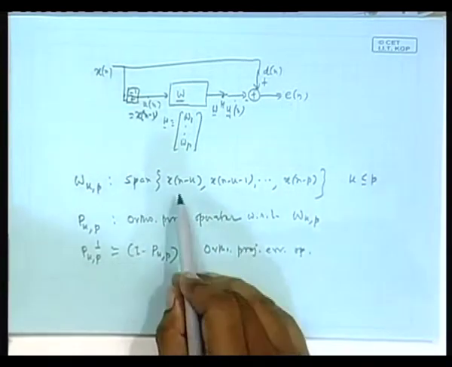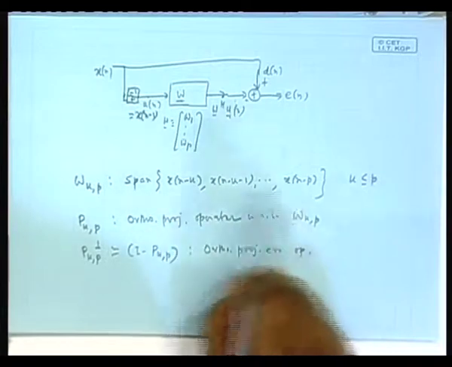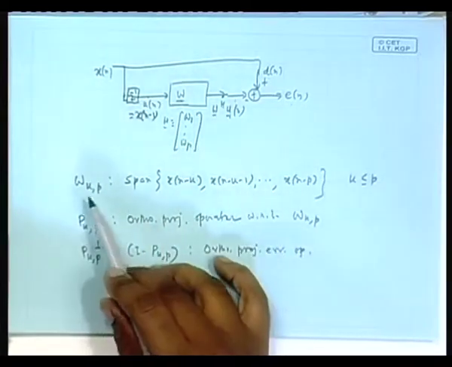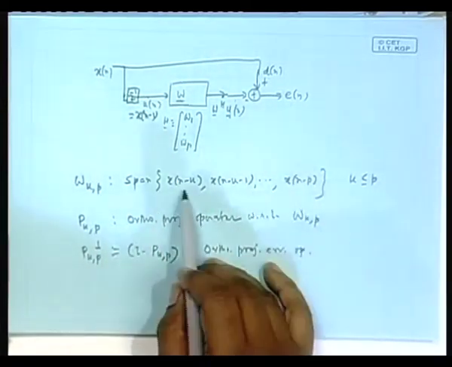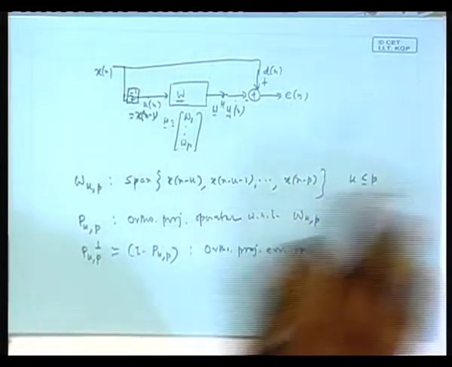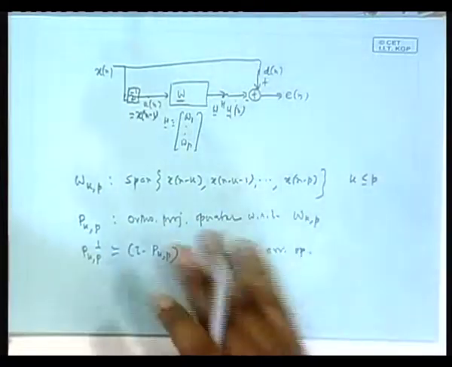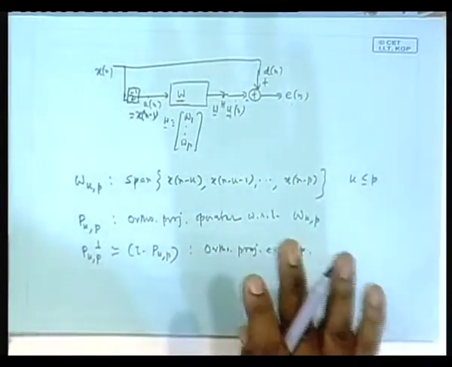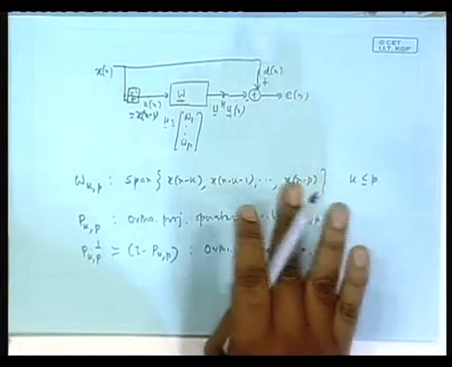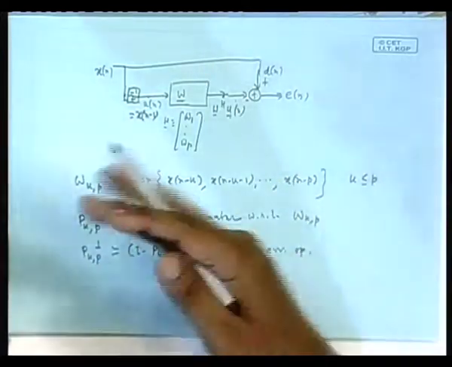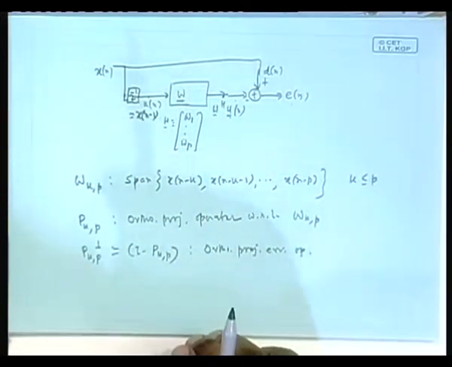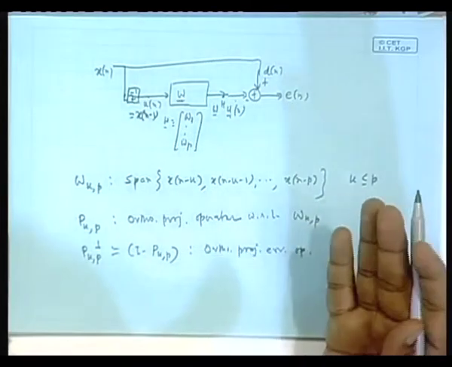I am of course assuming that none of the samples are linearly related, that is, the subspace has dimension equal to the total number of entries here. There is no linear dependence relation linking samples of a random process. That is implicit in all my treatment, because in real life it hardly happens.